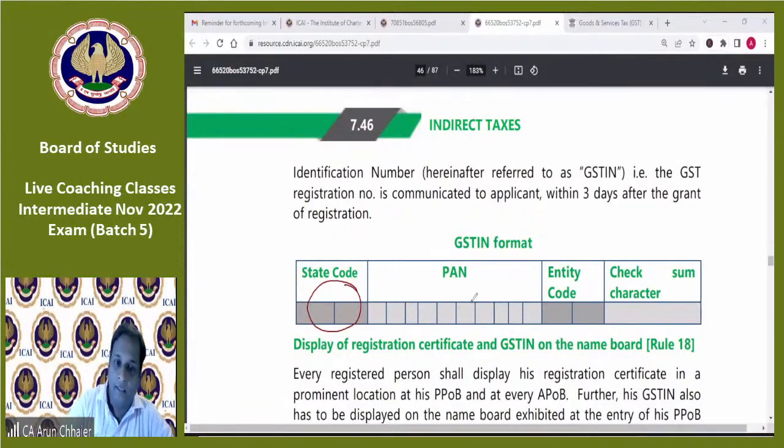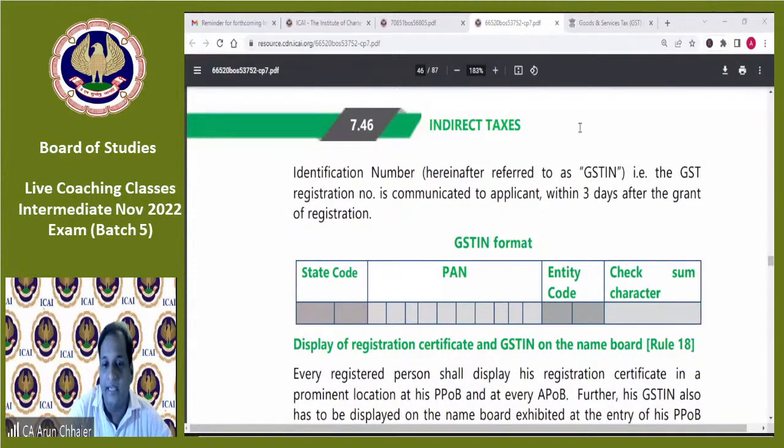Then the next 10 digits are the permanent account number, 2 digits are the entity code, and the last is the checksum character. Rule 18 talks about the certificate having to be displayed on the name board.